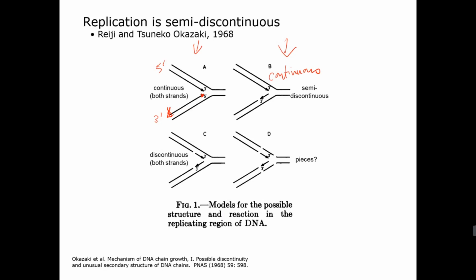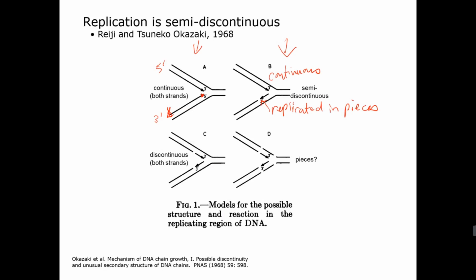And that's why it's termed semi-discontinuous. So this would be replicated in pieces. So just to reiterate, in a semi-discontinuous model, you have one strand that's continuous and one strand that's discontinuous.